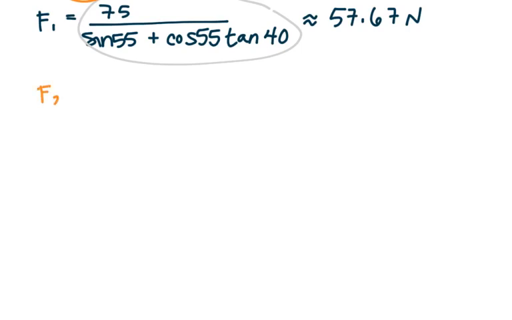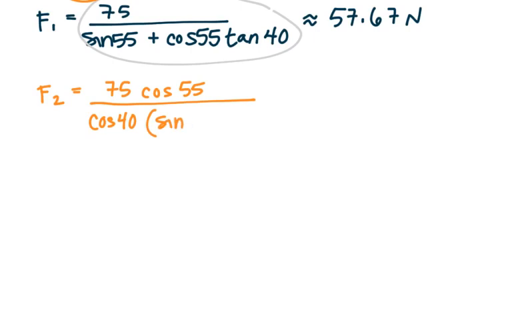So force 2 is 75 times cosine of 55 over cosine of 40 times sine of 55 plus cosine of 55 times tangent of 40.